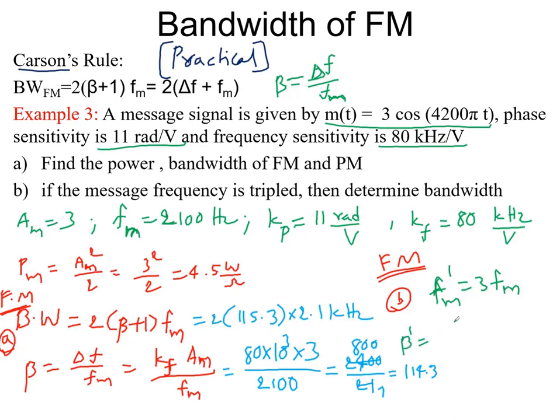Beta dash may be represented as how much? 3 times the frequency deviation by fm. It is not getting changed. There is no change in Kf and Am. There is only change in where? Frequency of the message.